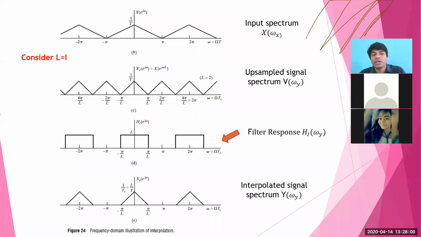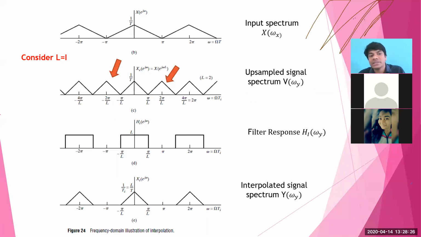So here what I'm doing is taking an ideal low pass filter with a cutoff of pi by I. Here it is written as pi by L because their notation is L. Now these are the extra images.